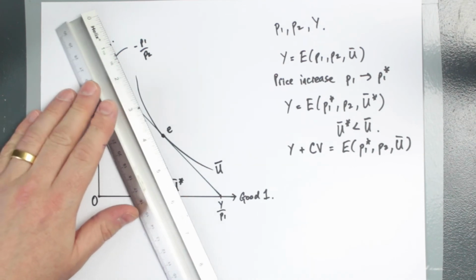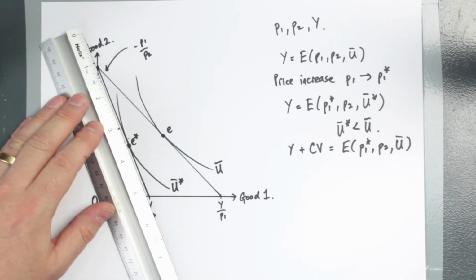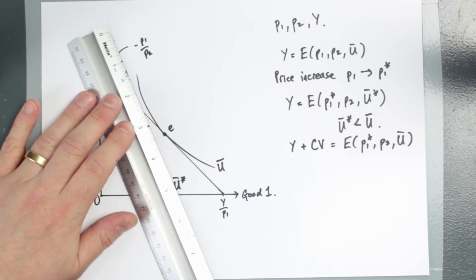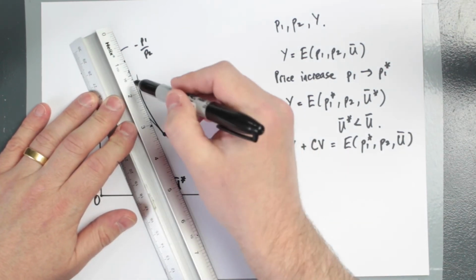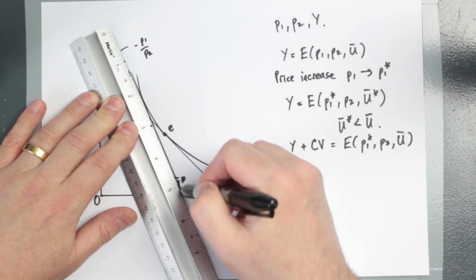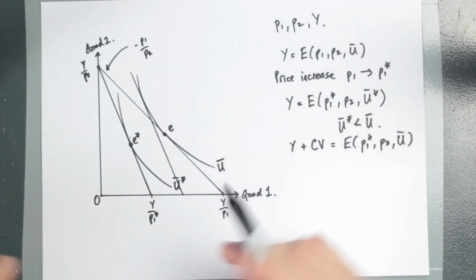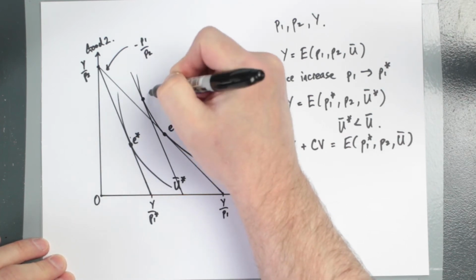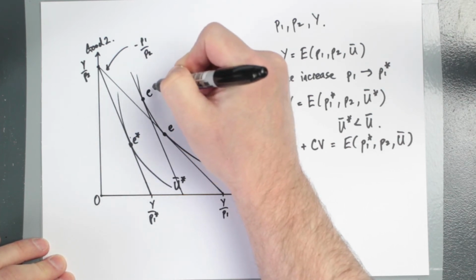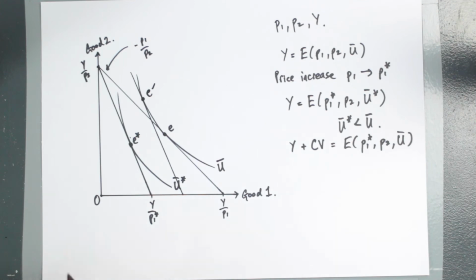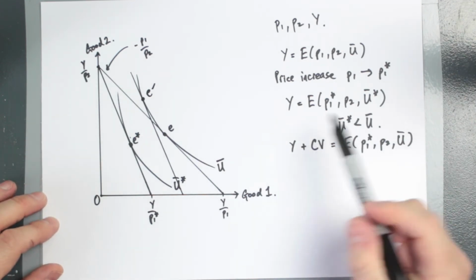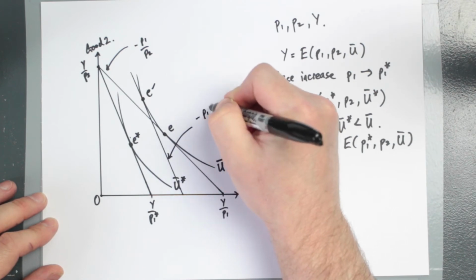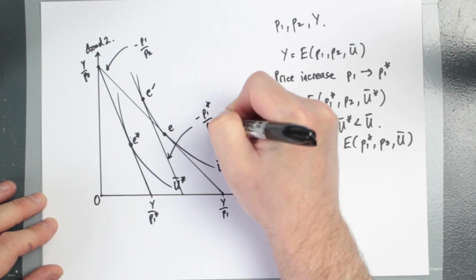So you could see that if I was looking for a tangency on the original indifference curve, let's try and draw this parallel. If I draw this new budget line here, where I just have a tangency, let's call that E prime, and this has slope minus P1 star over P2.